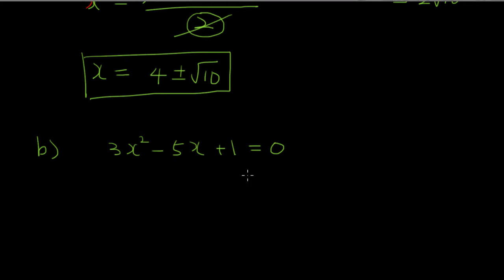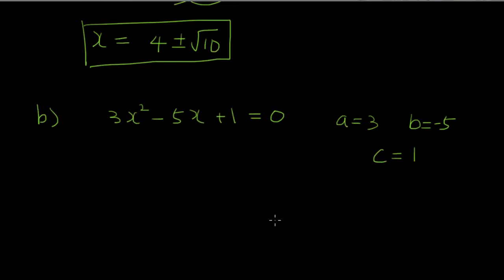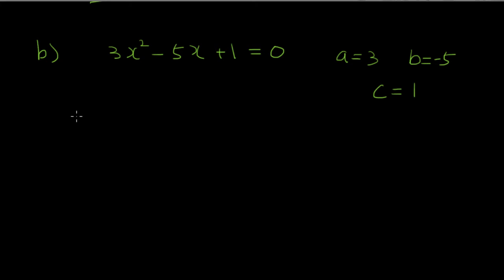So why don't we use the formula, right? So our A is 3, our B is -5, our C is 1. All we need to do is put that in the formula.